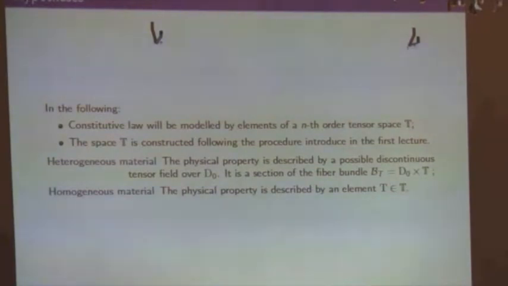And if I am homogeneous, I can get rid of this specification and represent my field of tensorial property by just one element. So we will stay in the homogeneous case.